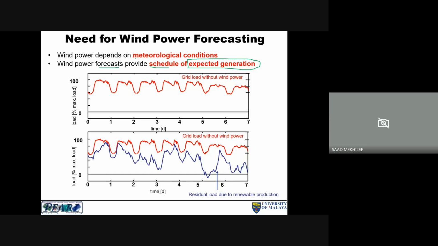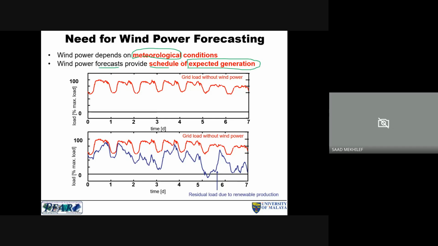But we also have the meteorological conditions, which are sometimes very hard to predict. Sometimes we may get it right, but sometimes we get it wrong, because there are many other factors which affect this.